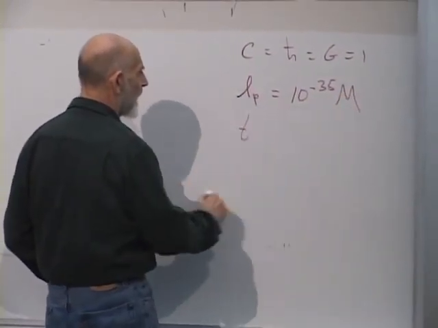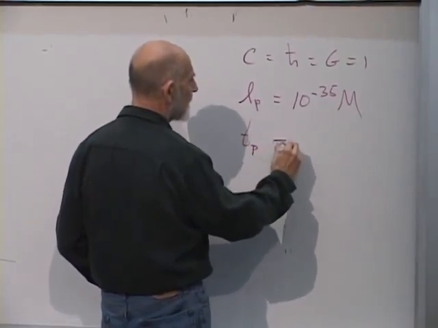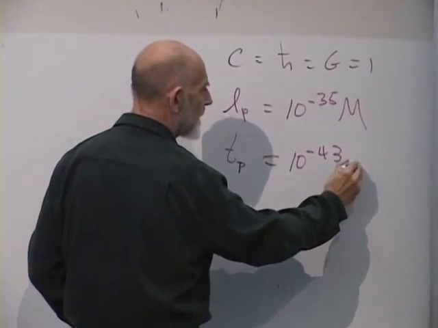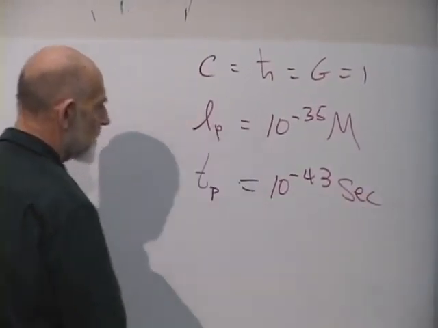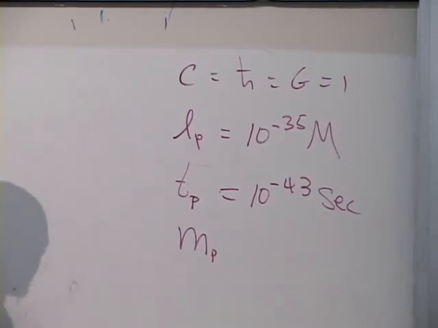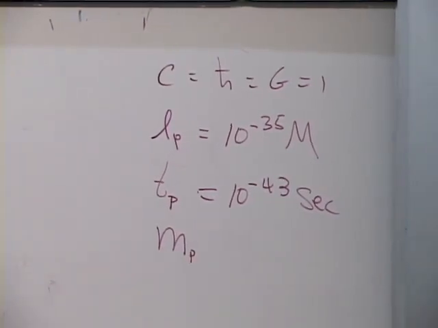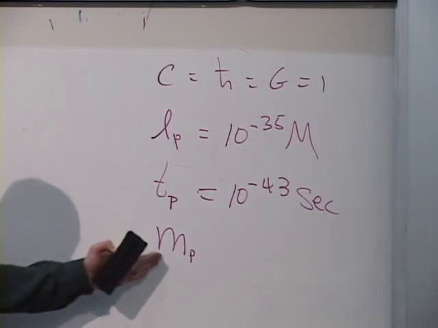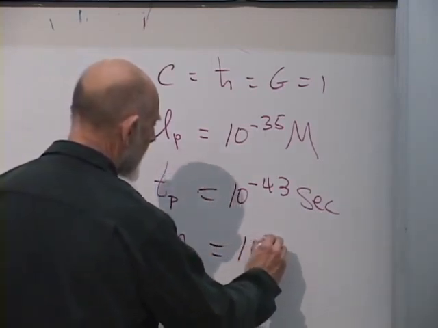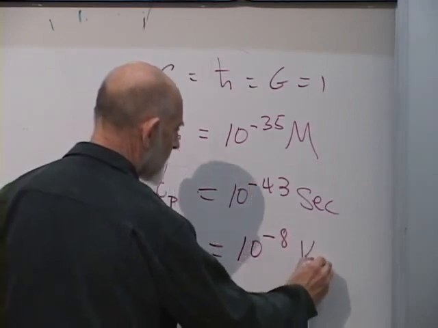The Planck time is about 10 to the minus 43 seconds. And the Planck mass, length, time, and mass, that's a complete set of units, and the Planck mass is about 10 to the minus 8th kilograms.